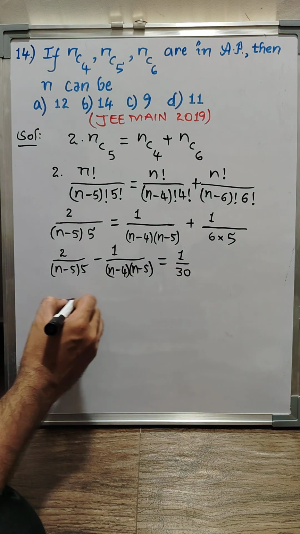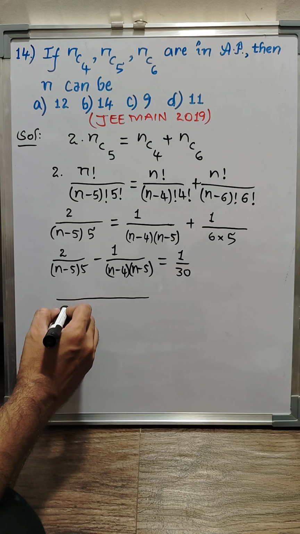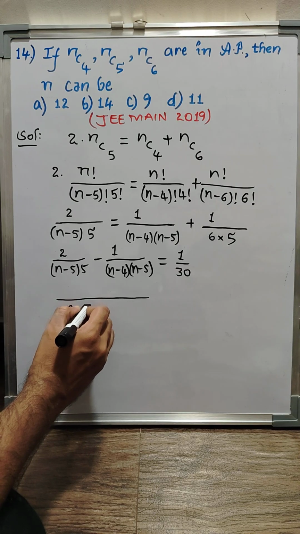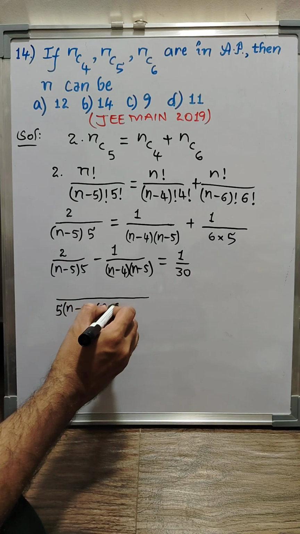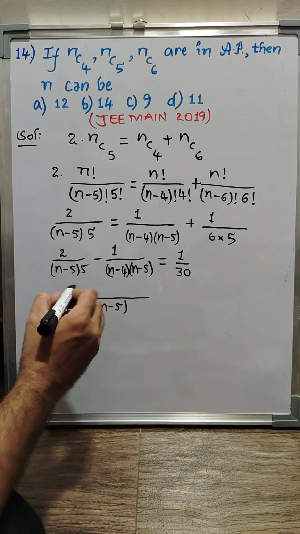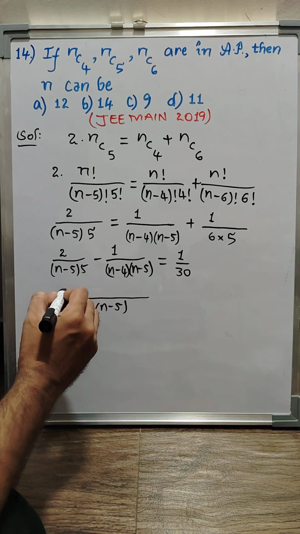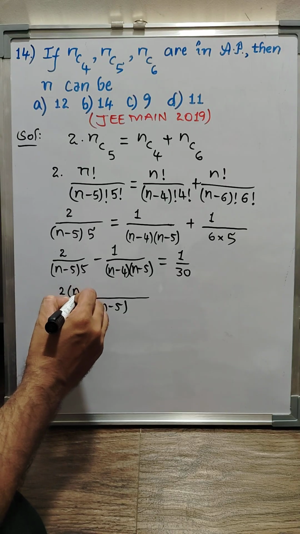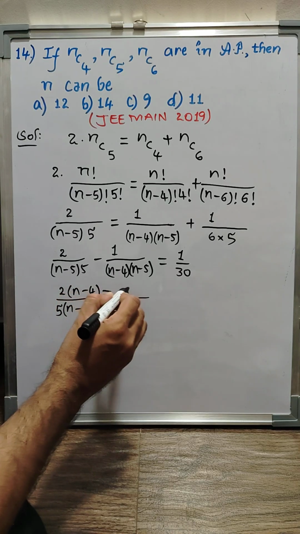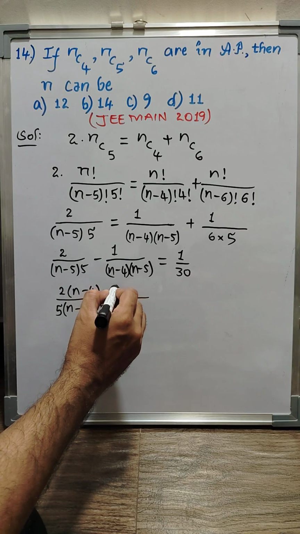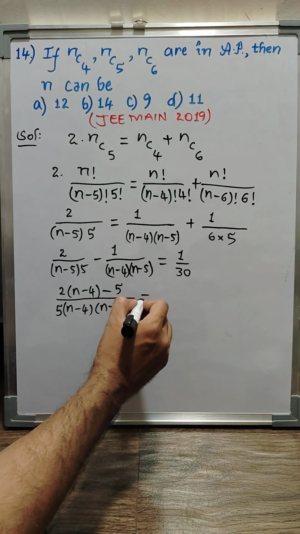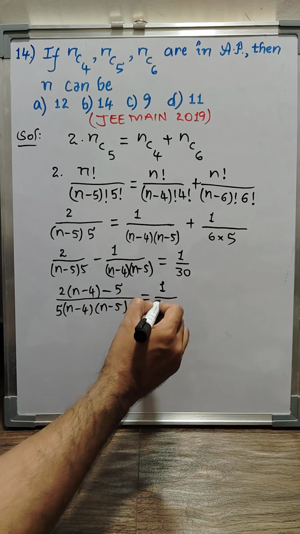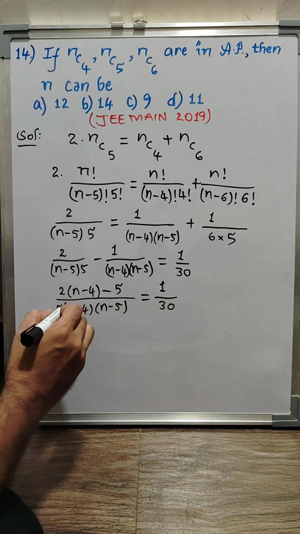Next one, in the LCM for denominators, 5 into (n minus 4) into (n minus 5) can be taken, and then here 5 into (n minus 5) gone, 2 into (n minus 4) we can write, minus (n minus 4)(n minus 5) gone, 5 will be left here in the numerator, which is equal to 1 by 30 we can take.